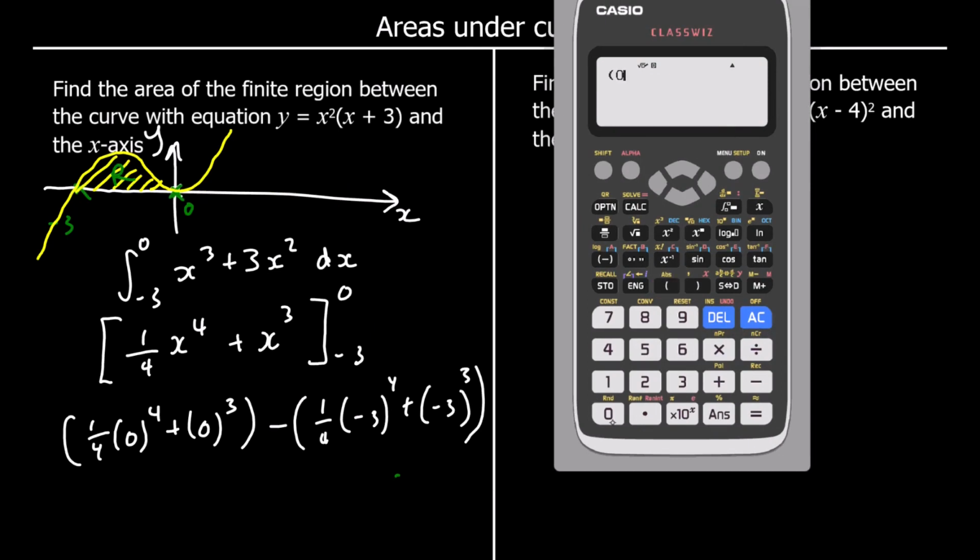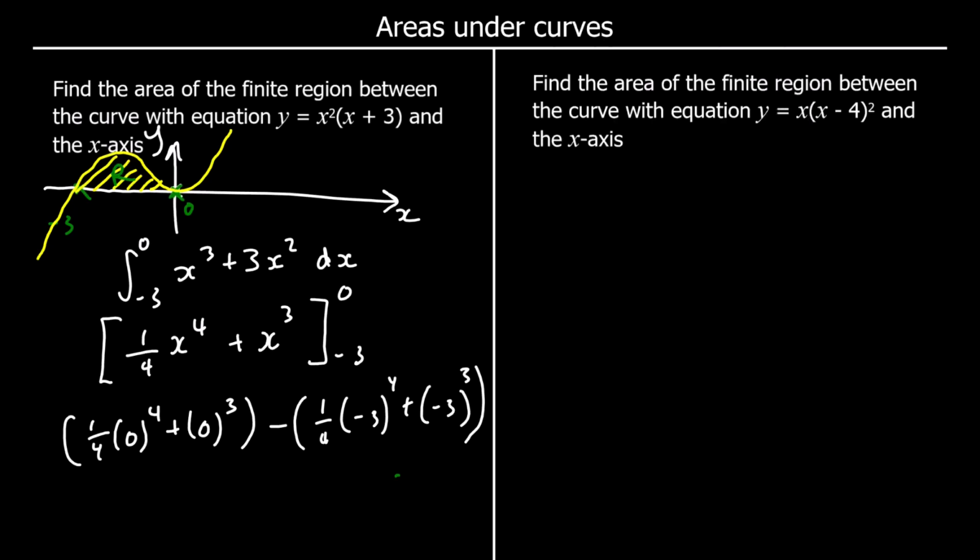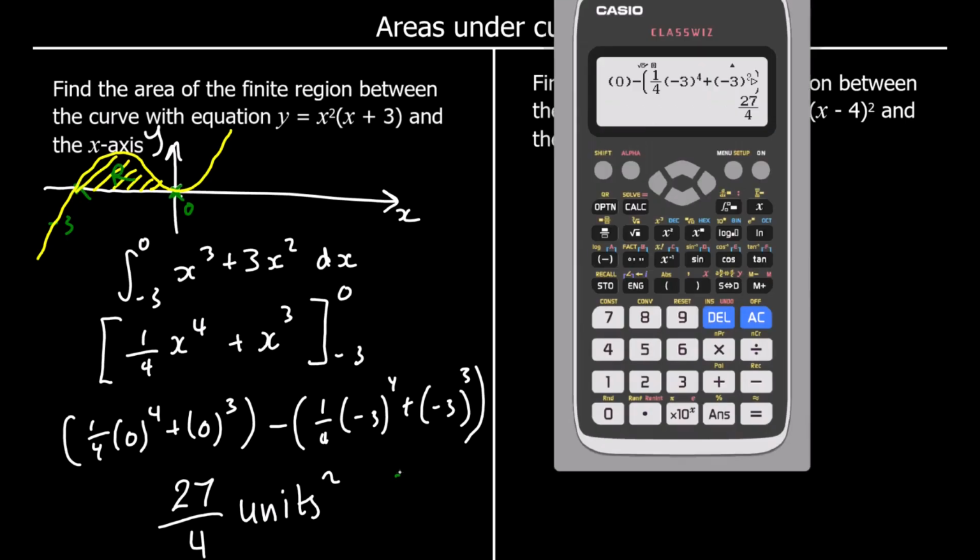So we've got the first bracket 0, take away a quarter times negative 3 to the power of 4 plus negative 3 cubed. So we've got 27 over 4, so 27 over 4 units squared.